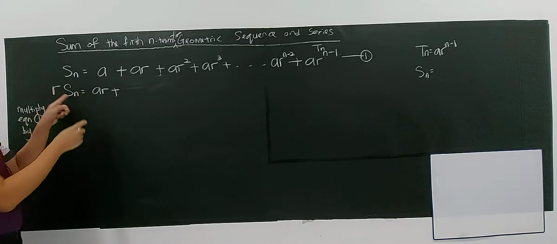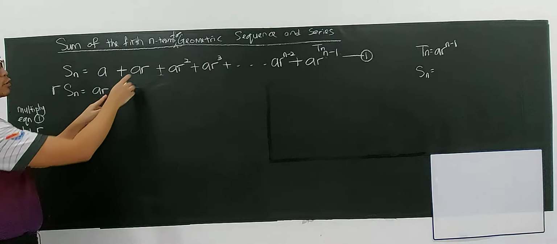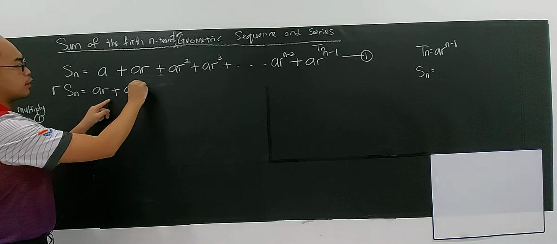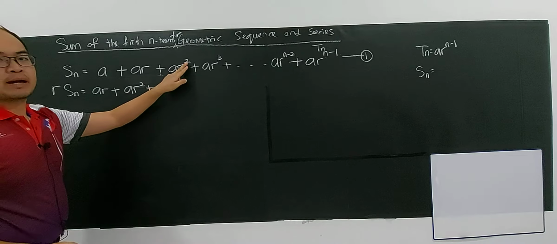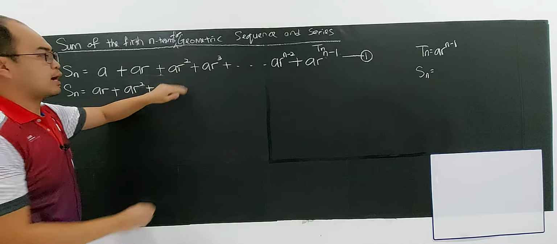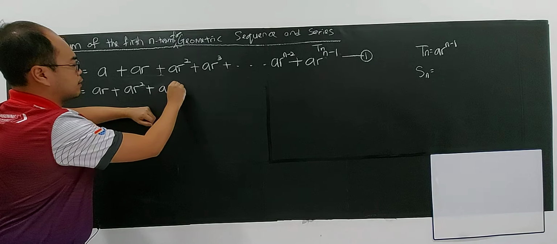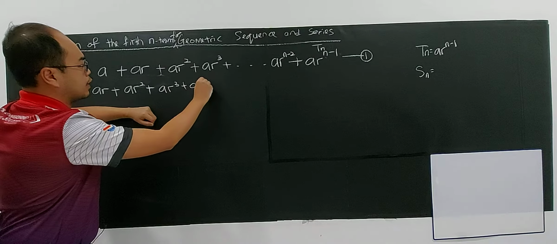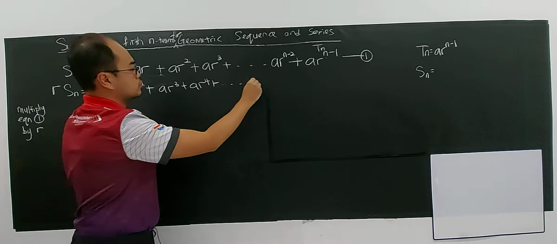You multiply by R, right? This one you multiply by R, you have AR to the power of 2. Multiply by R, R square multiply R, you become AR to the power of 3, AR power of 4, and so on.